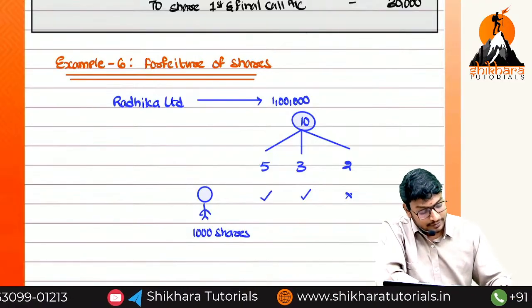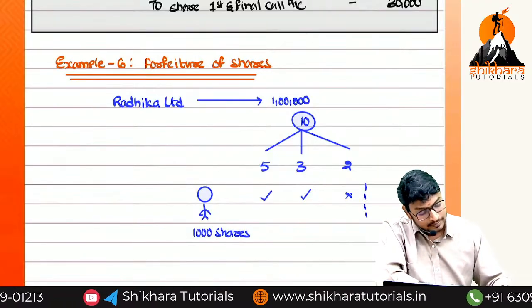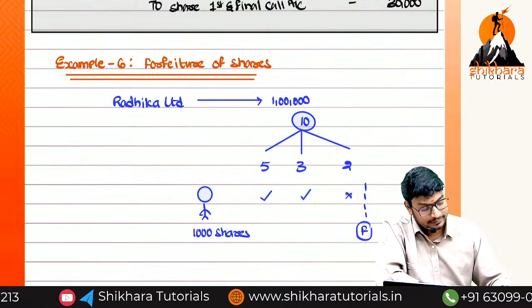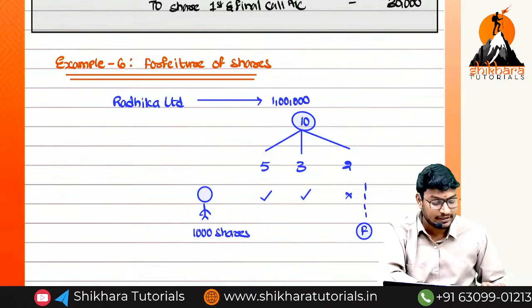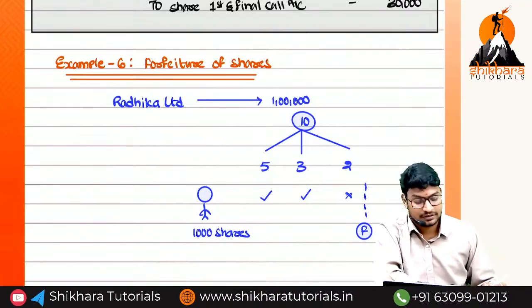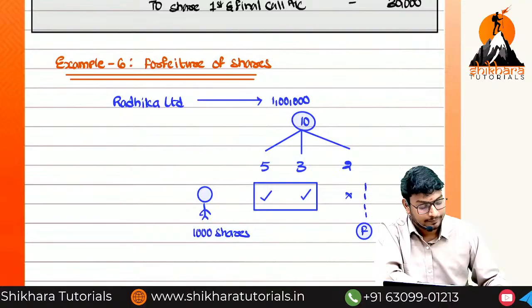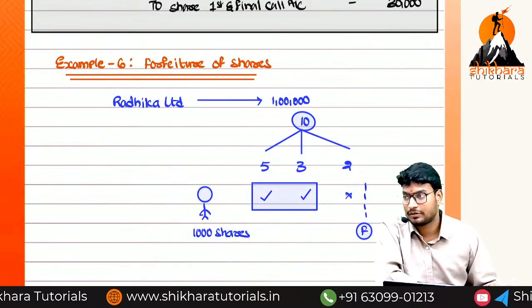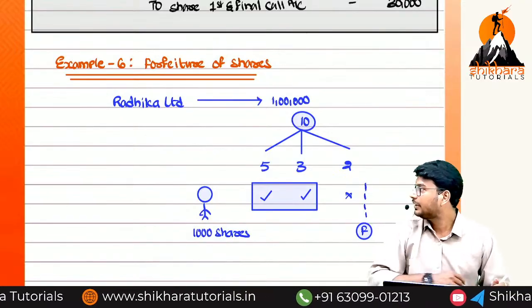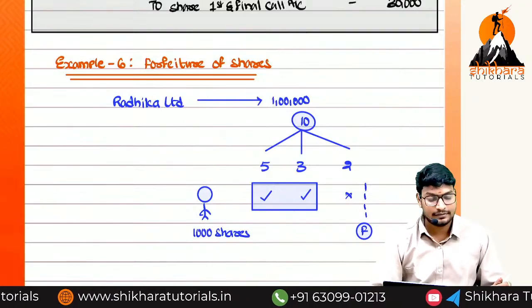Obviously what are we going to do? We are going to forfeit the shares. How many shares are we going to forfeit? 1000. This amount we are not going to refund. This is the concept. So we have to write the entries. Shall we start?